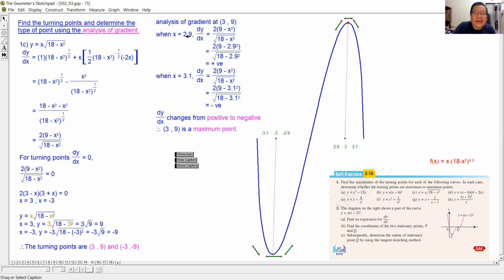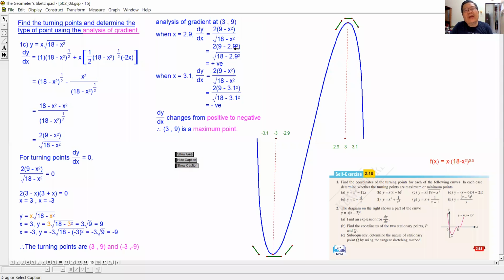So this 2.9, I substitute into the dy/dx here. I substitute x = 2.9 at the top and at the bottom. When I substitute 2.9 at the top here, 2.9.